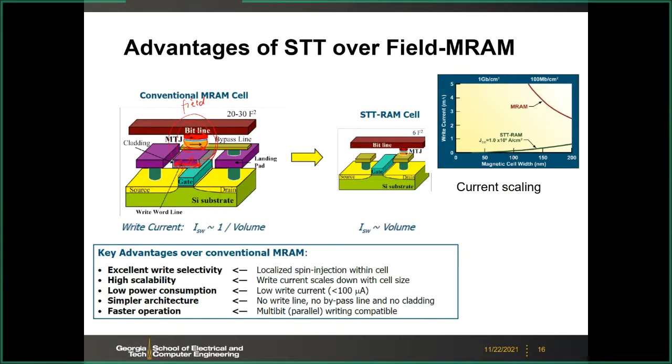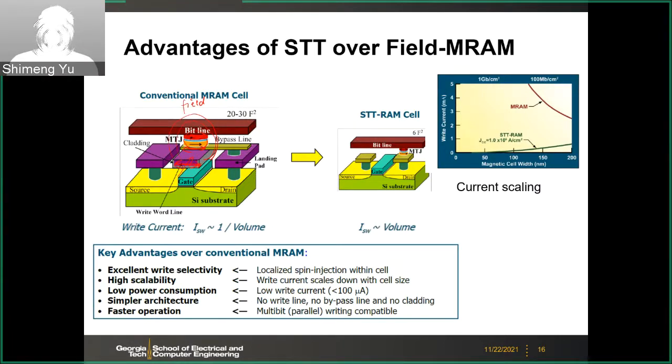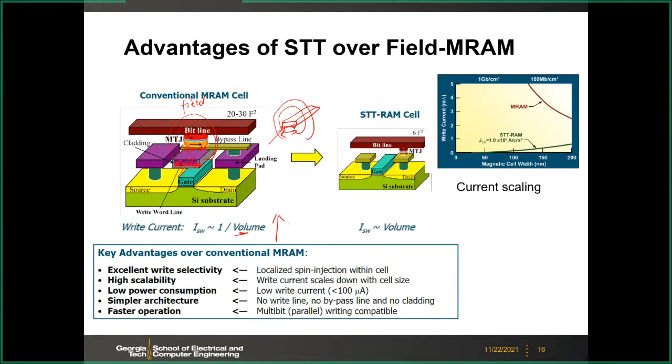That actually will increase the write current, because here you have less wire pitch. Then to switch this MTJ, you need to apply even more current to generate the circulating field. So actually the current goes up when you scale the volume of this MTJ. This is very bad news for the scaling.